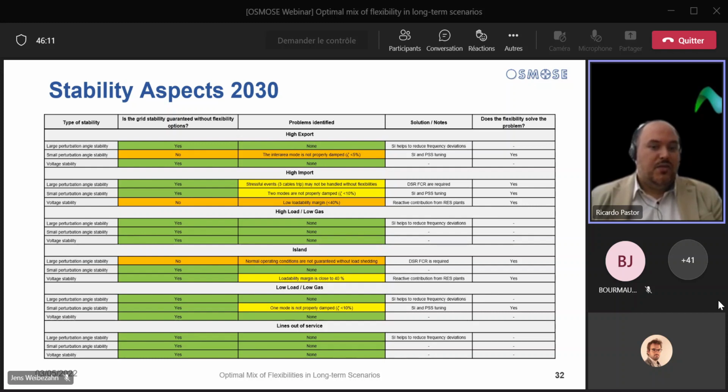On the island mode, the loss of inertia and primary regulation coming from continental Italy makes the frequency generally less stable. On the generation, please back. Not yet. Generation loss events, frequency moves out of the normal operating conditions, yet the stability can be ensured by the provision of flexibility from flexible loads, demand side response, without any load shedding.